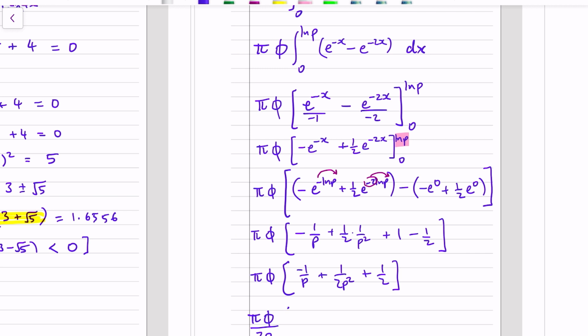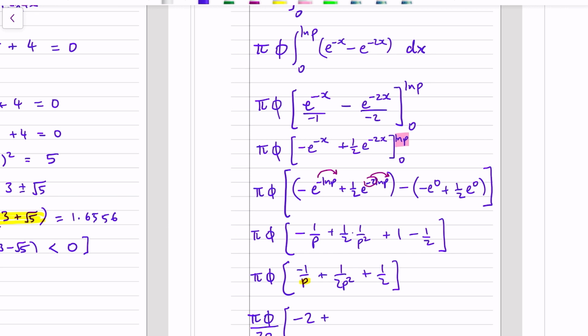I pull that out because this had a p, but it didn't have a 2. So if I pull a 2 out of the top, I need to times the top and the bottom of that fraction by 2. So I get minus 2 there, because the minus 2 over 2p is equal to minus 1 over p.